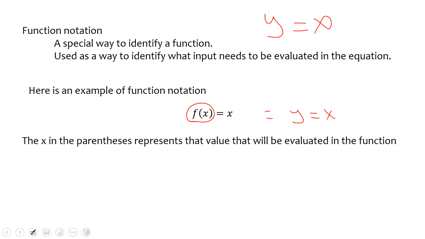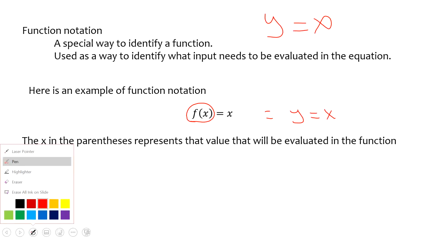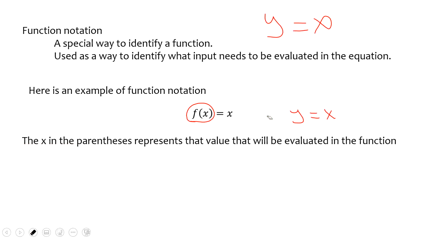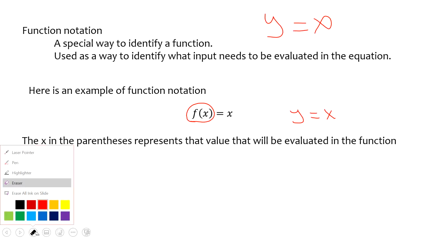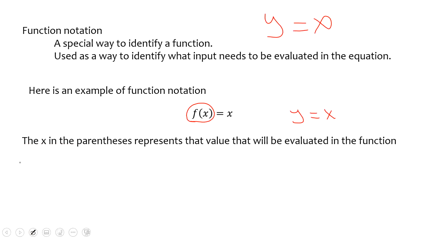Let me change that, not equals. I'm going to call it means, which is a better way to say it in this instance. So f of x means y equals x. As we go through our algebra, you may see something like f and then in the parentheses a 3.